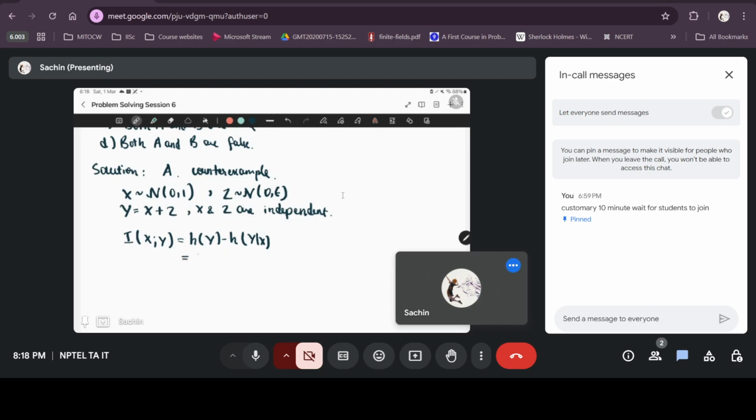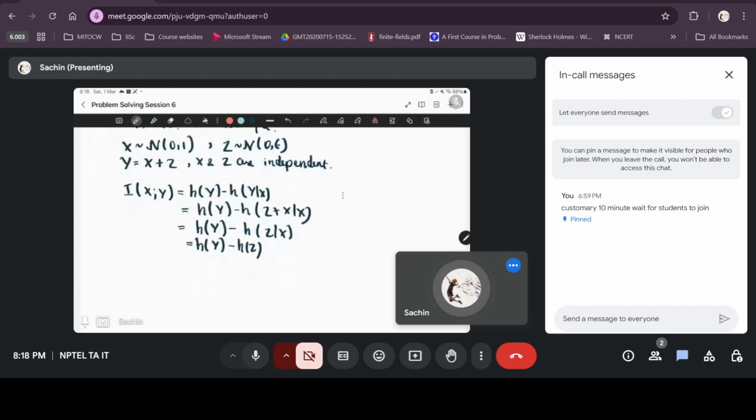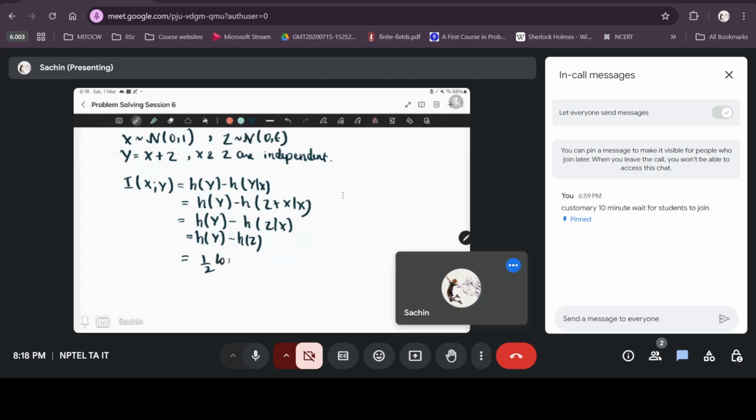Is h of y minus h of z plus x given x. So h of y minus h of z given x, which is h of y minus h of z, as x and z are independent. So this is half log 2 pi e times (1 plus epsilon) minus half log 2 pi e epsilon.